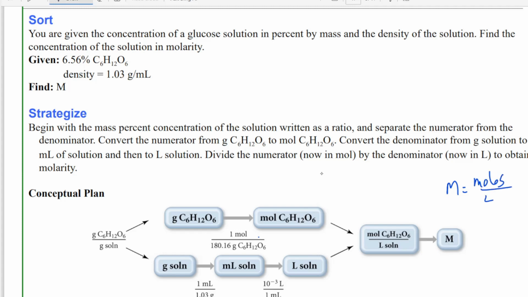So we have grams of solute per grams of solution, right? We're going to convert the grams of solute to moles of solute and the grams of solution to liters of solution, and then we'll have the molarity.